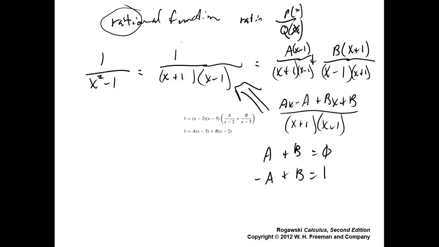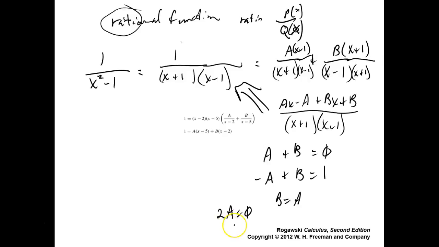Well, let's go with that bottom one and say that it tells you that b is equal to a, and the top one would then tell you that 2a is equal to 0. If b is equal to a, then you could write a plus a is equal to 0.